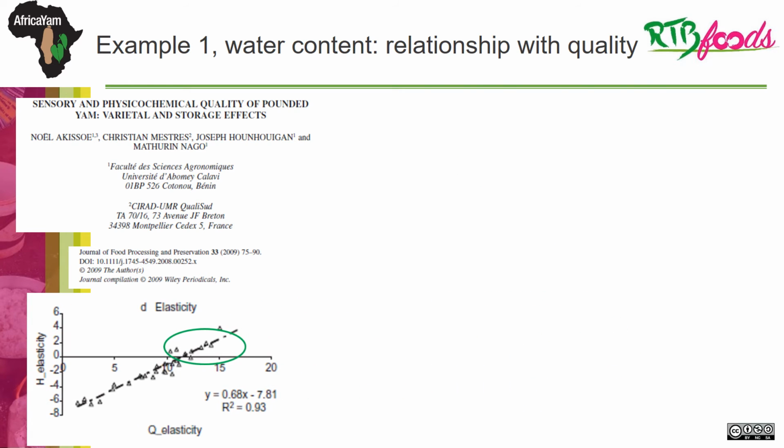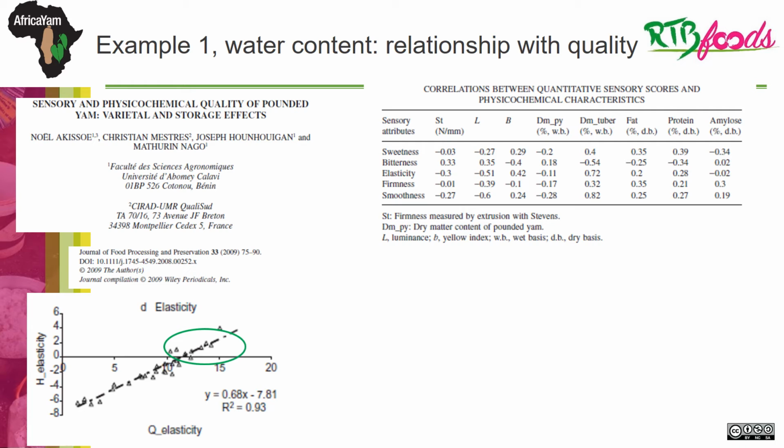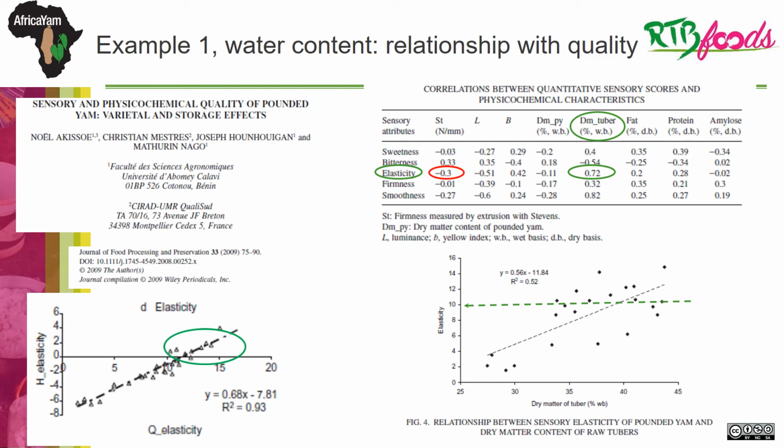If you want to establish the relationship between this firmness and the biophysical analysis of tubers, you can see that there is quite a good correlation between elasticity and dry matter content. For elasticity over 10, which is the elasticity looked for by consumers, you should have, in this case, a dry matter content over 35%.